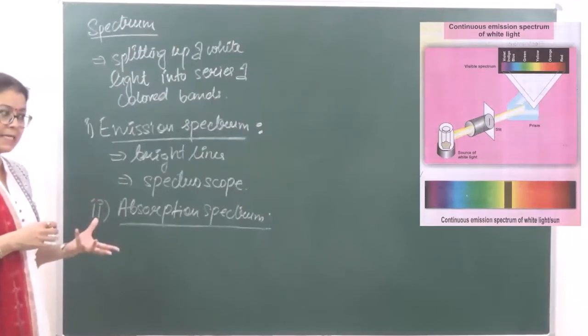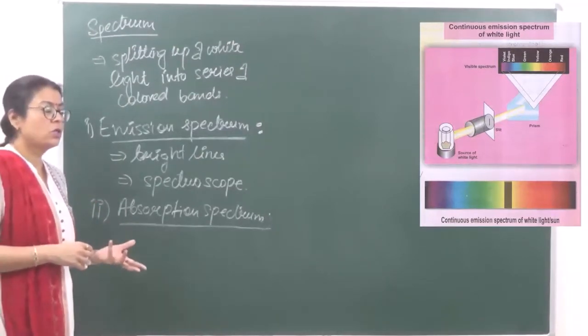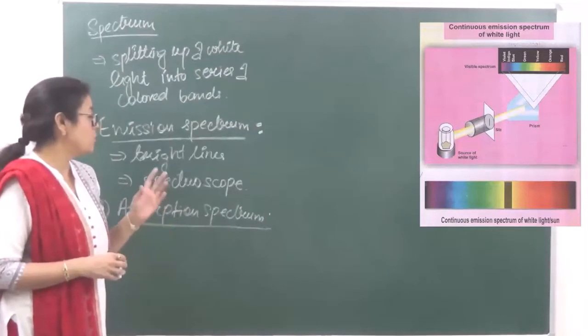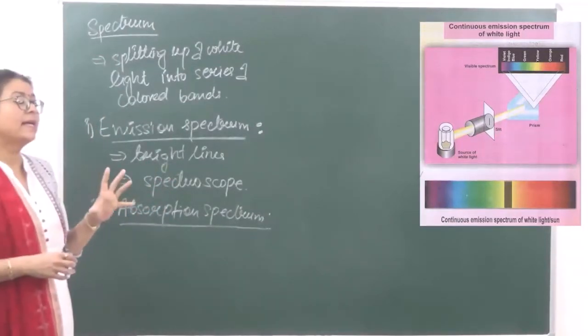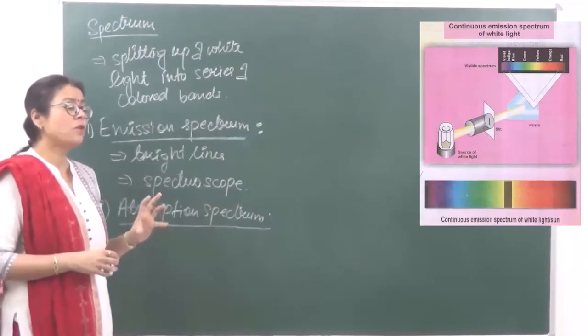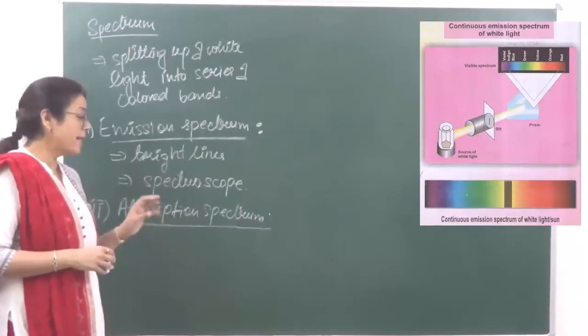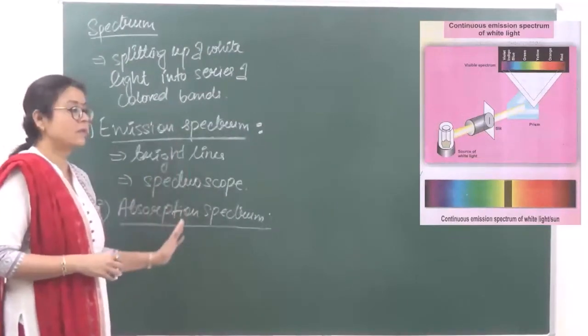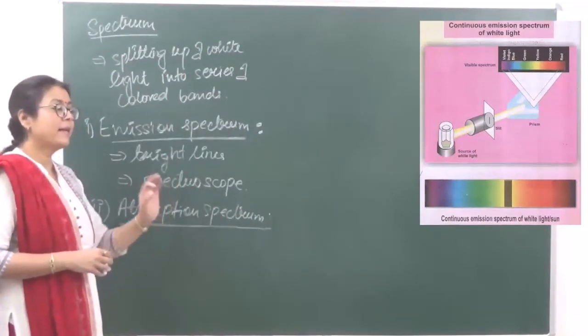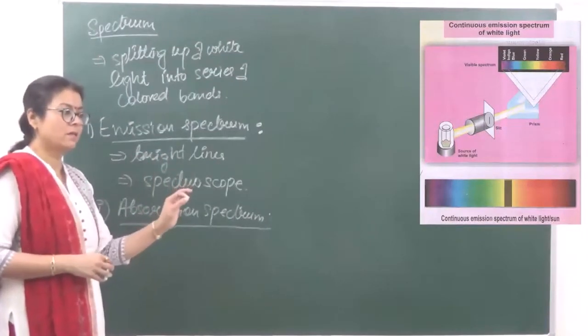That medium may be a gas or it may be a solution. The solution is going to absorb certain radiations, right? Now if it is absorbing radiations from the visible region, then in this case we do not get a colored spectrum, right? They are going to be dark lines.